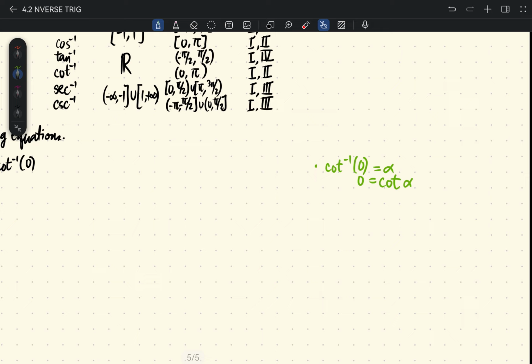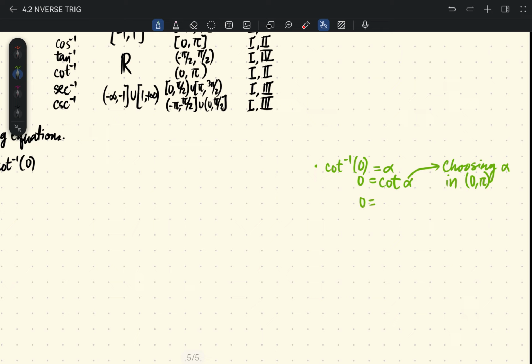And for this, we are choosing alpha to be in the range of cotangent inverse. And the range of cotangent inverse is the open interval 0 to pi. So we are choosing alpha in 0 to pi. And when does cotangent alpha become equal to 0?